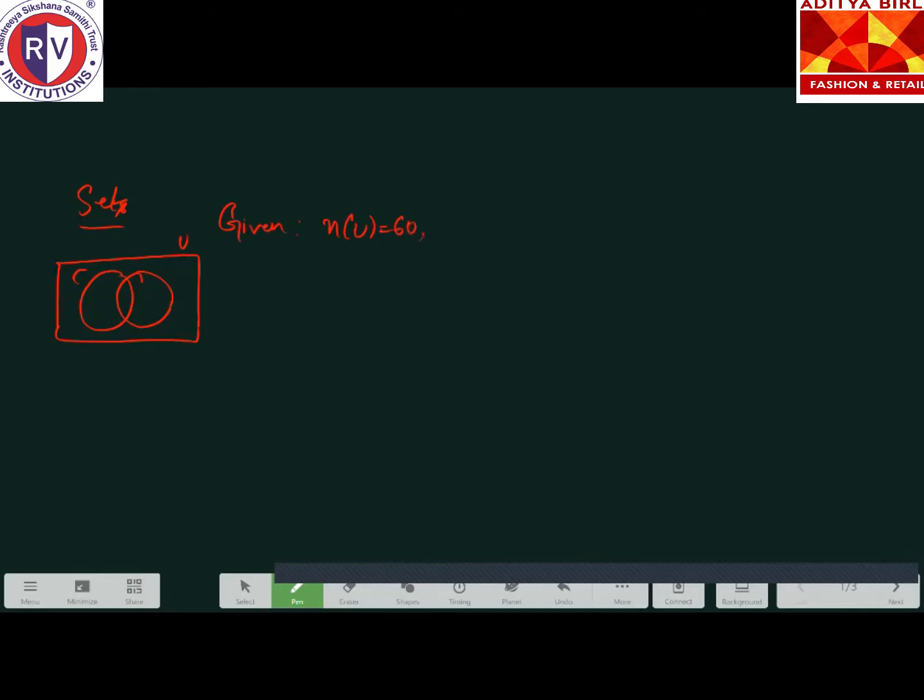The number of students who play cricket is 25, that is N of C is 25. The number of students who play tennis is 20. Now we have to find N of C dash intersection T dash, because this is the set of students who play neither cricket nor tennis.